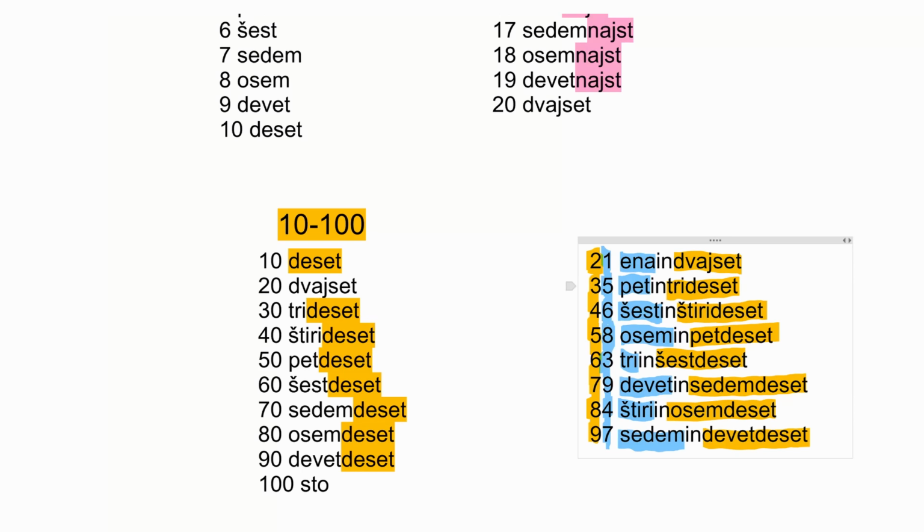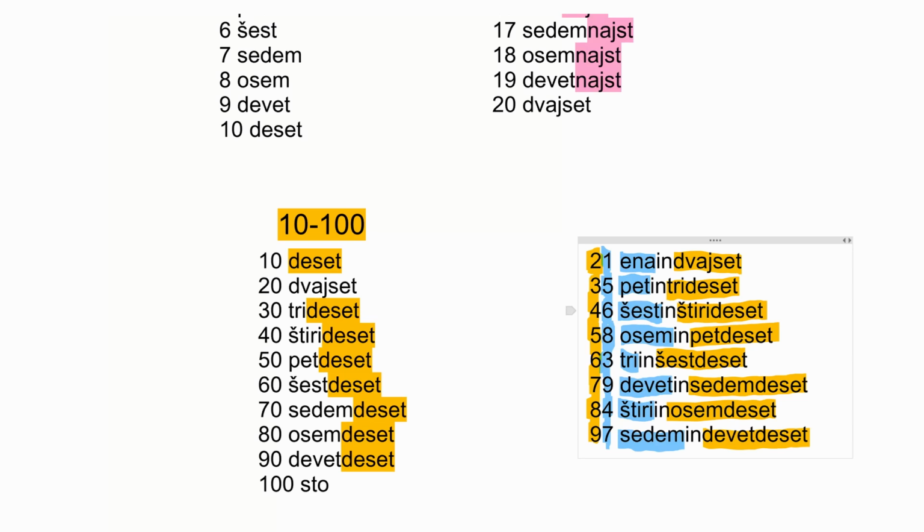Okay, let's go to the second one. So we have the number 30 and 5, okay? 30 in Slovene is 30, 5 is 5. So first we do the second number, then we do the first number. So 5 in 30. Okay, to the next one. Try to do this one yourself, pause the video.